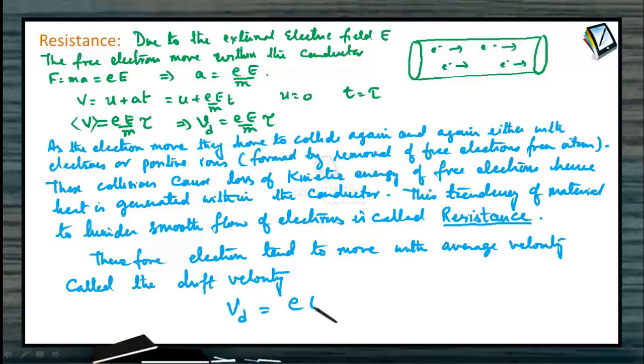This is equal to eE by m into tau. Or in terms of the potential difference across the conductor, E can be written as V by L. So Vd is equal to eE by m into tau, and E can be written as V by L, so Vd is equal to e tau by mL into V.